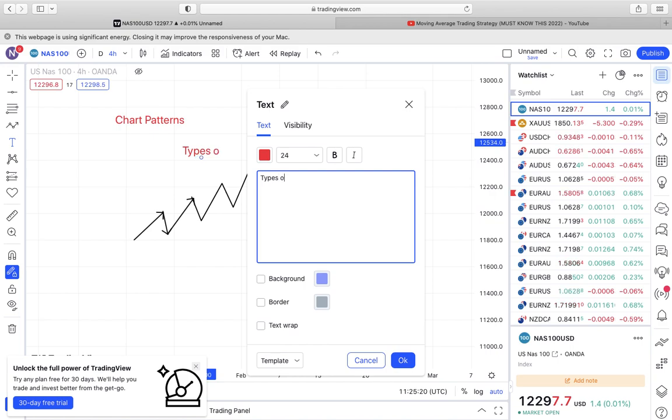We have types of chart patterns. The first type is the continuation pattern.